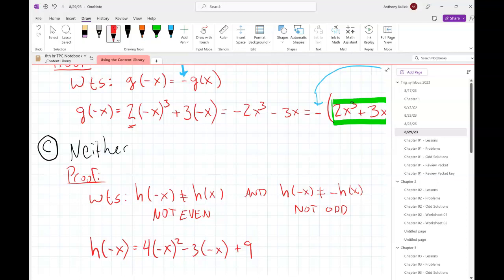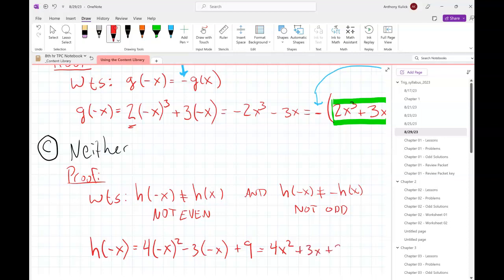I'm going to replace all the x's in my equation with negative x's. I'm now going to simplify. Negative x squared is negative x times negative x, which is going to be positive x squared, right? So I'm going to have 4x squared. Negative 3 times negative x is positive 3x.